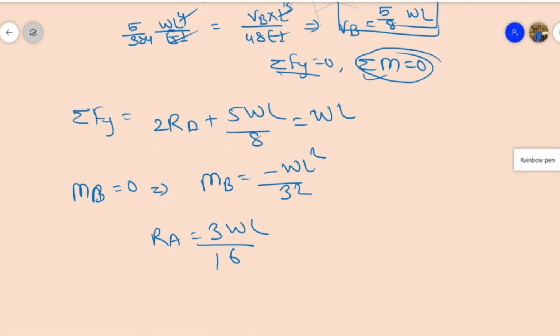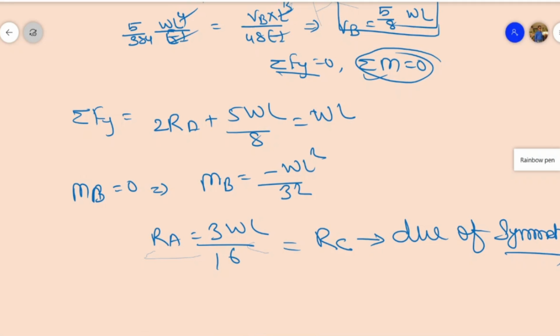Clear? And due to symmetry, Ra will be equal to Rc. Due to symmetry, Ra equals Rc. Clear?